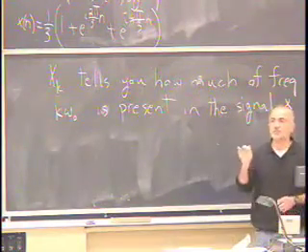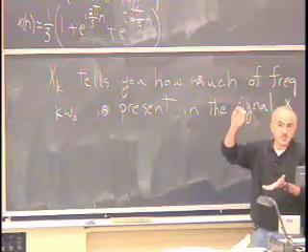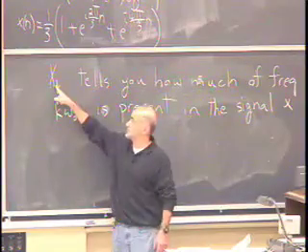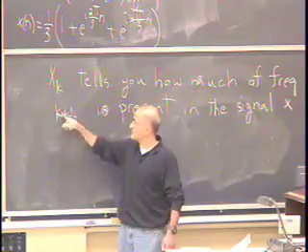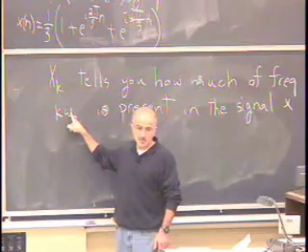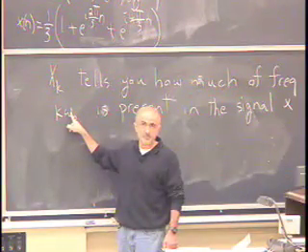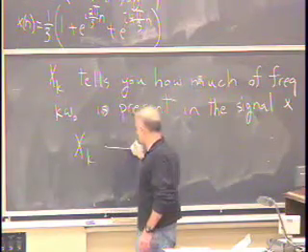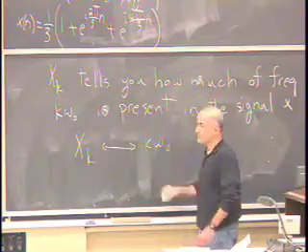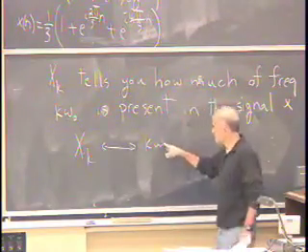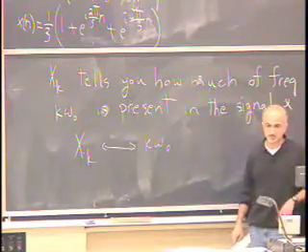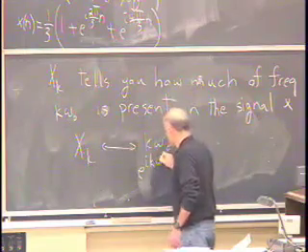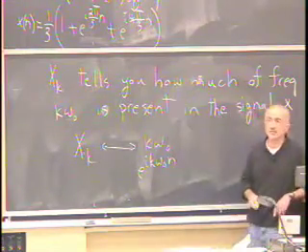So the larger the magnitude of the coefficient, the more of frequency k omega naught is present in the signal. If a particular coefficient xk is 0, that means that particular multiple of omega naught, that particular harmonic, is absent from the signal. So essentially, the xk's and the k omega naughts go hand in hand. This guy tells you how much of this frequency is present in the signal by telling you what the presence of this complex exponential is in the expansion of x.